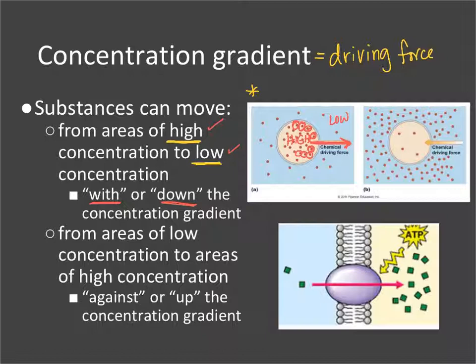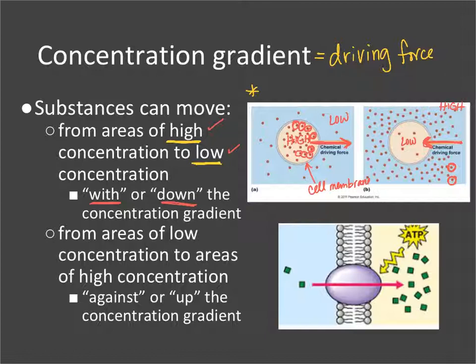And you can see in this picture here, if we pretend this is our cell membrane, that this can happen in really either direction, but we're still going from the high concentration area to the low concentration area. So we're still going down or with the concentration gradient, whether we're going into the cell or out of the cell. It all has to do with the concentration of the substances between the intracellular fluid and the extracellular fluid.